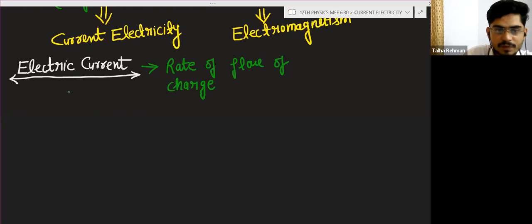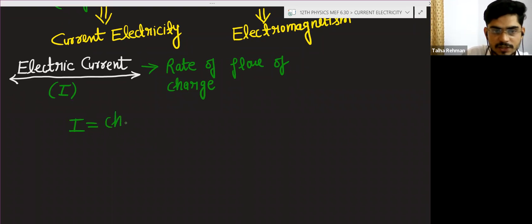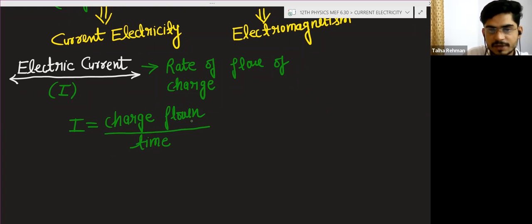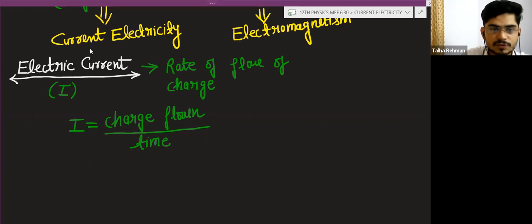If I represent the electric current with capital I, then electric current I is equal to the amount of charge flown divided by time interval, means the amount of charge flowing in an amount of time. So simply, current is this.